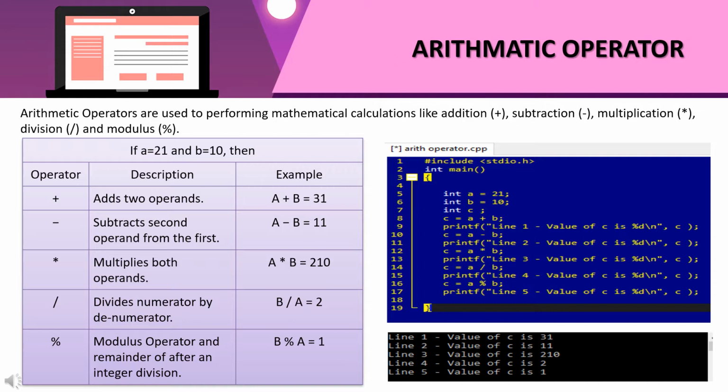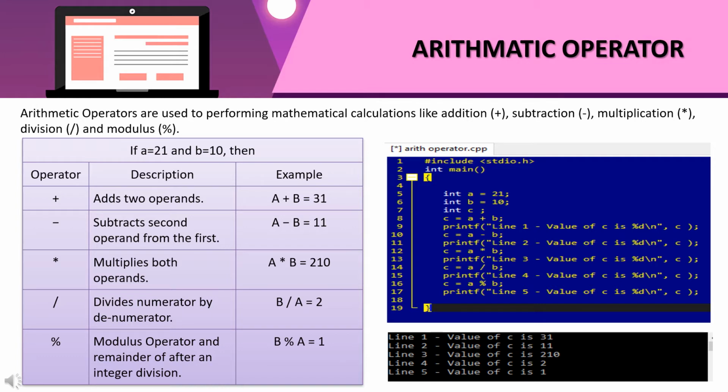Now coming to this C program. As you know, first you have to include stdio.h. Now in this main, we have declared 3 variables, a, b, c, and assigned values to a and b.